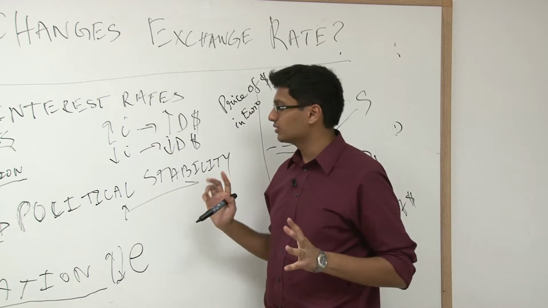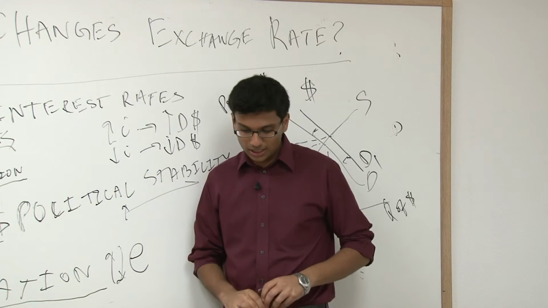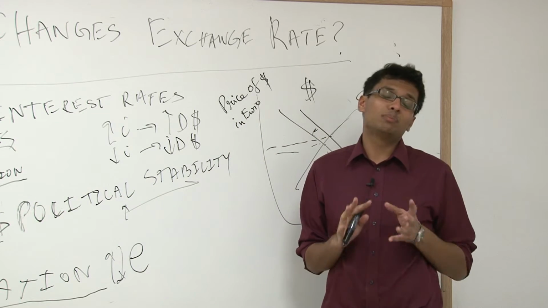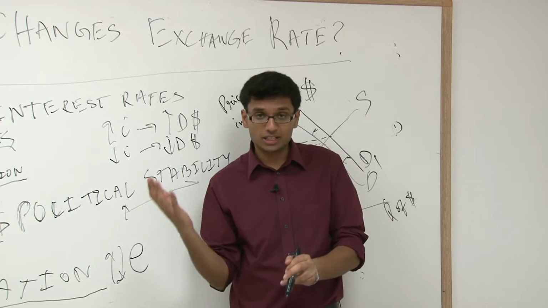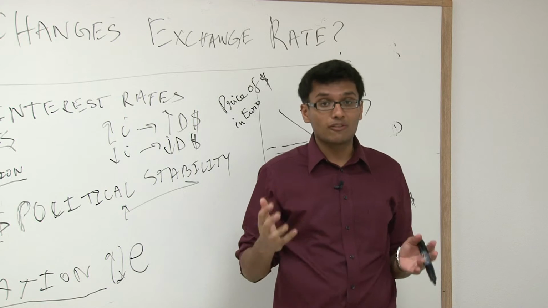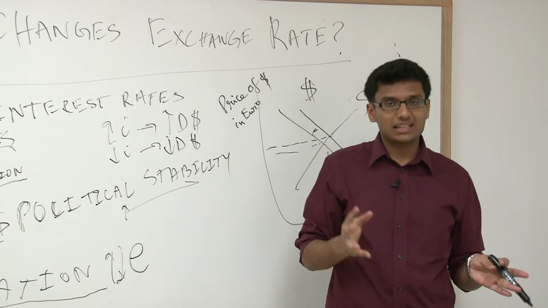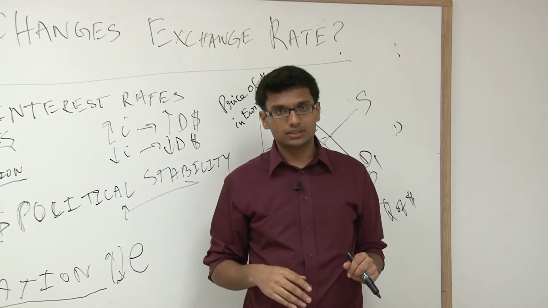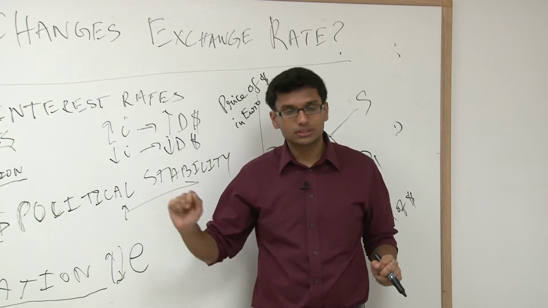We talked about political stability. Why is political stability important? It's pretty simple and straightforward. You guys probably see the paper a lot. There are a lot of unstable economies in the world, a lot of unstable governments. An unstable economy is actually a root of an unstable government in a lot of cases. I'm not saying all.